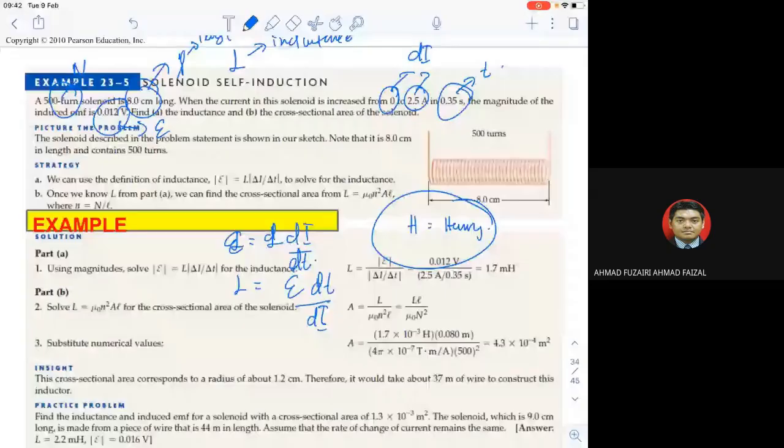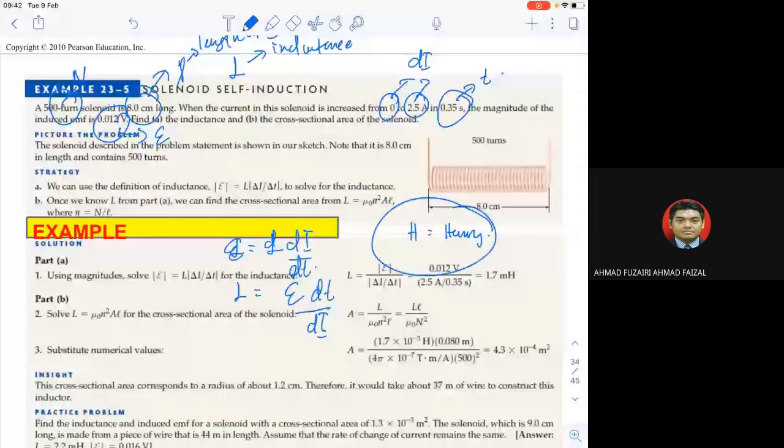From that particular value, you can calculate the second one, the cross-sectional area of the solenoid. You can determine the cross-sectional area using these equations.